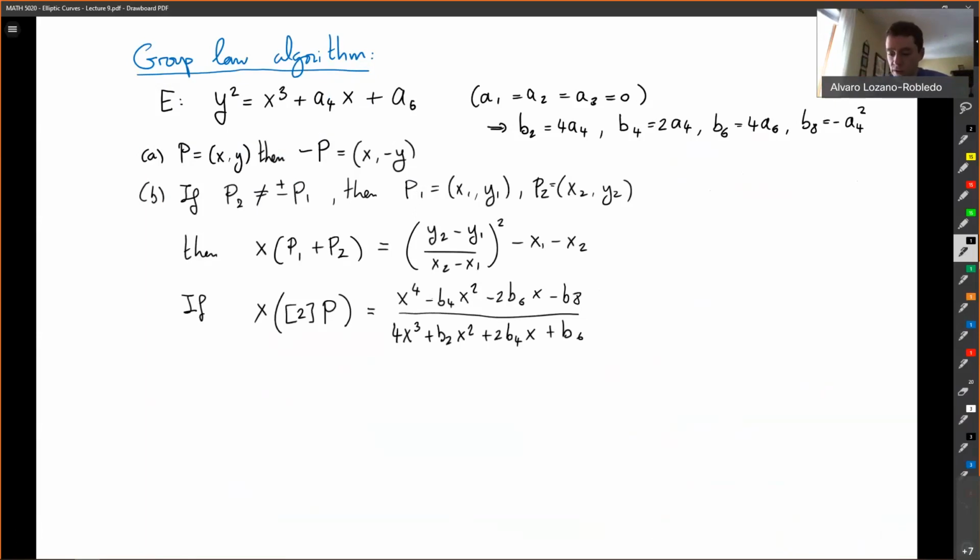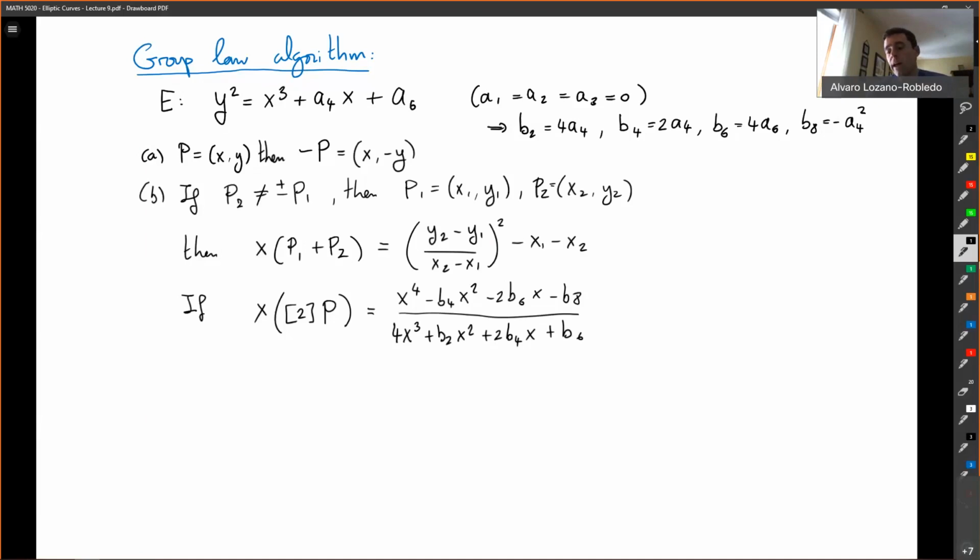I've used the doubling formula, maybe not in the recent past, because sometimes you want to know the coordinates of a point Q such that 2 times Q equals P. So you have P and you want to know what is half of P. So this Q you can double to get P. For example, if you have a point of 2 torsion, a point such that 2 times P is O, you might want to find a point of 4 torsion, and you can use this doubling formula to figure out the x coordinate.